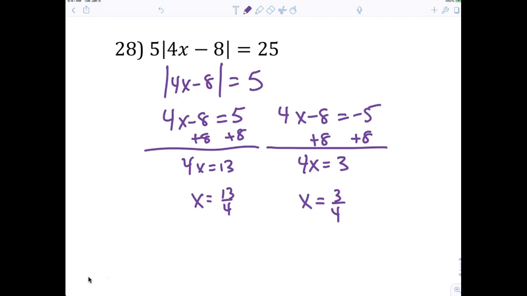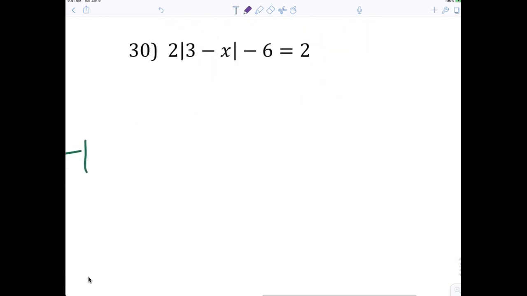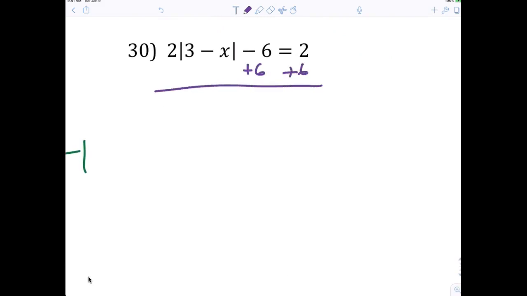You ready? Miss Peter Nell, you're up. What do I have to do first? Add 6. Those are called absolute values. Now, write the two equations.